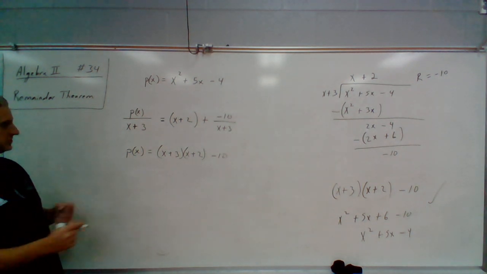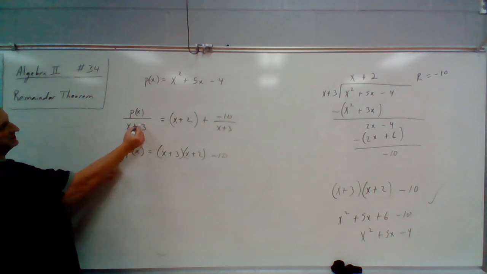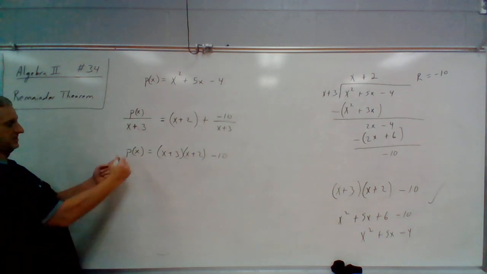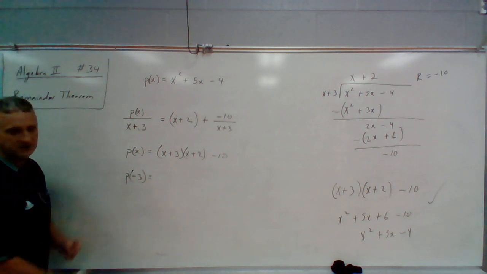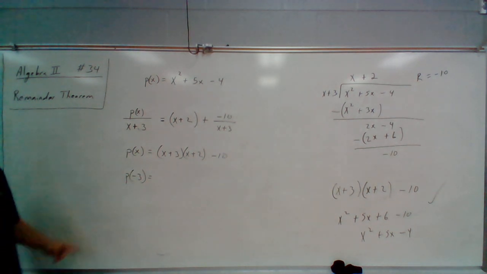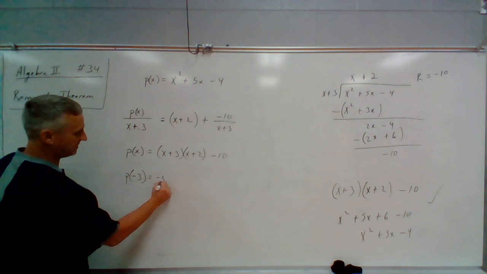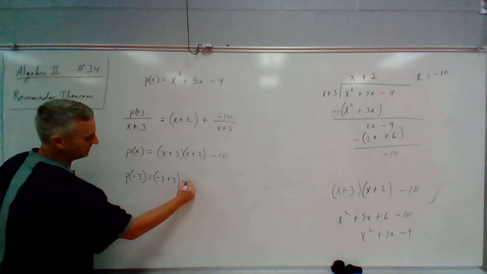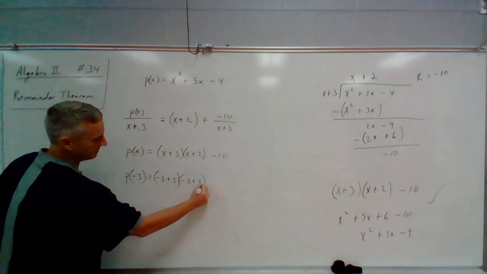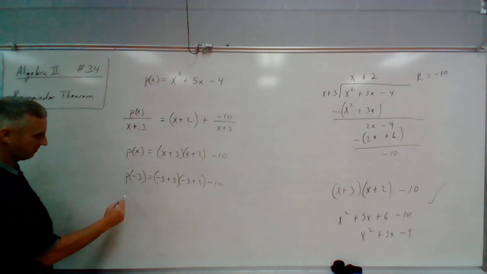Alright, now just for fun, I'm going to plug in the opposite of this number. So I'm going to put P of negative 3 in here. When I do that, I'll get negative 3 plus 3, and I'll get negative 3 plus 2 minus 10.